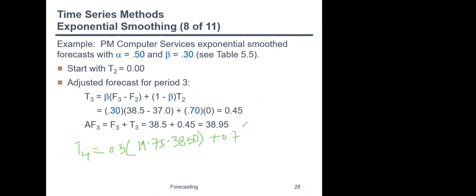It will be 0.7 multiplied by T3, the previous trend factor. But our T3 here, we just calculated it to be 0.45. So we multiply this by 0.45.